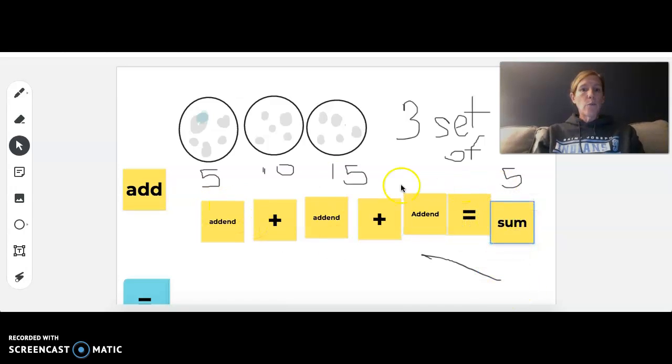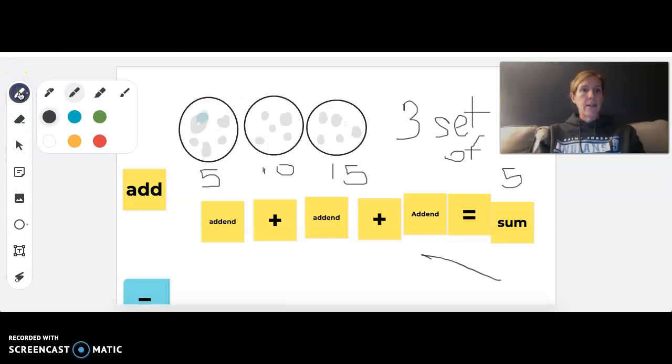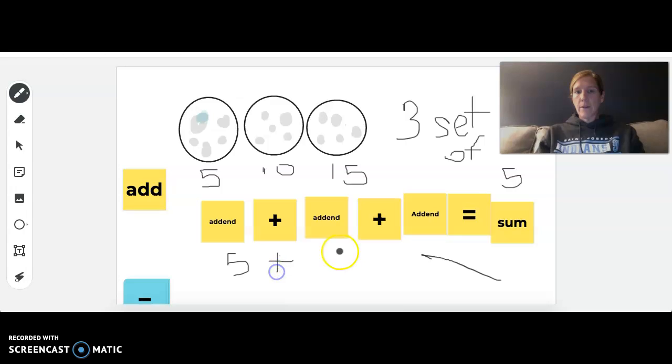Okay, so the addition sentence that would match this picture would be 5 plus 5 plus 5, because I have 3 sets of 5. So it's 5 plus 5 plus 5 equals 15.